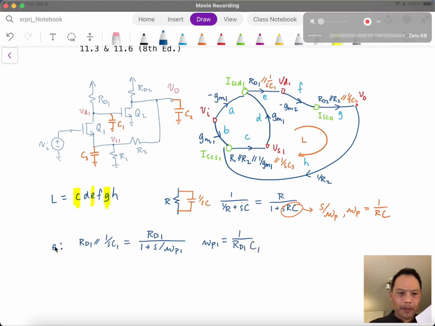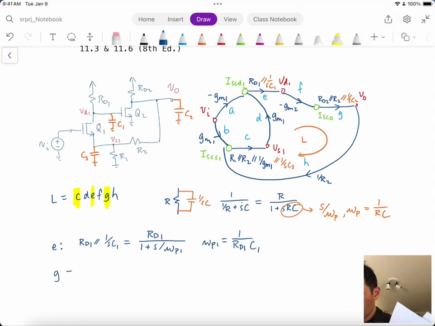Similarly, for G, this is now RD2 in parallel with R2, in parallel with 1 over SC2.